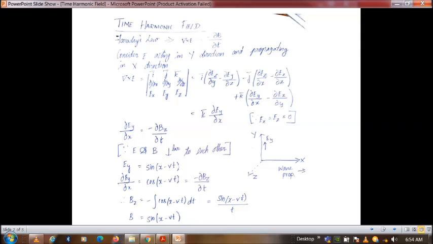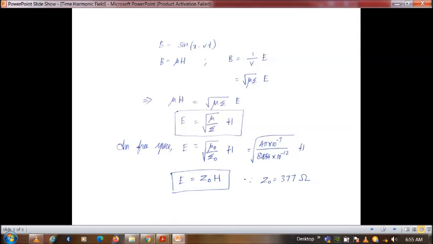Integrating cos(x minus Vt) gives minus sin(x minus Vt) by V. The minus gets cancelled, and so we have sin(x minus Vt) by V. Over a single period, B is proportional to sin(x minus Vt).